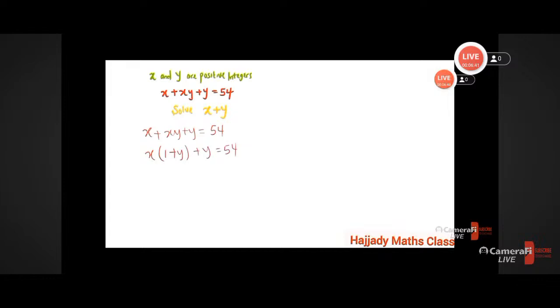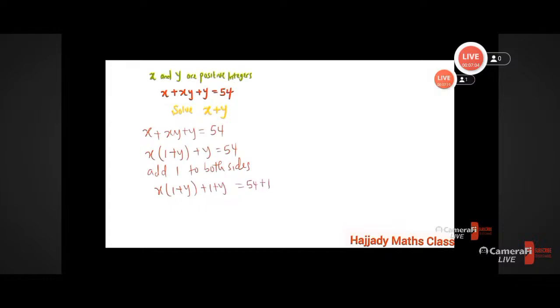From here, we can add 1 to both sides. So adding 1 to both sides, here we have x into bracket 1 plus y plus 1 plus y equals 54 plus 1.